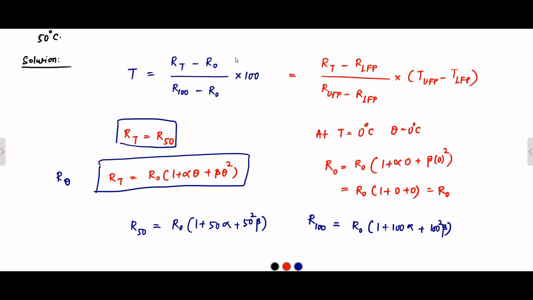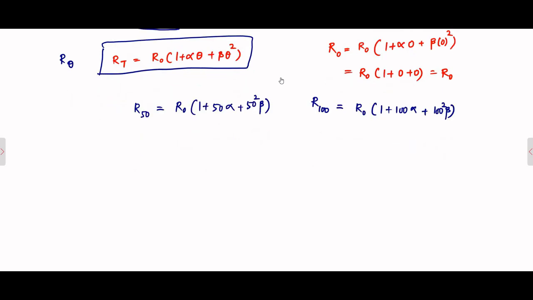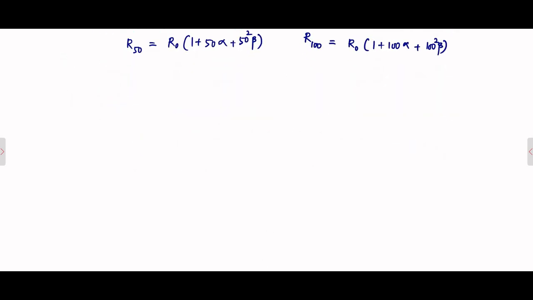If we substitute the given values, the temperature reading will be (R50 minus R0) by (R100 minus R0) into 100.